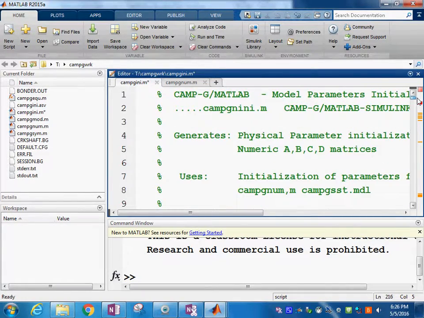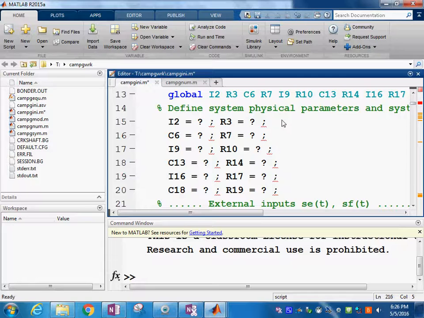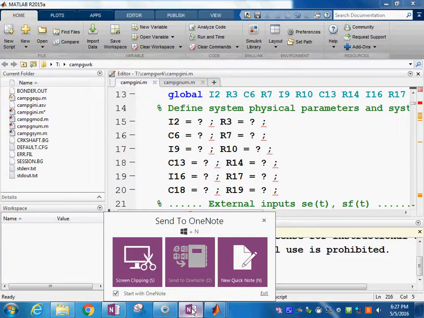go where it says the numbers. You see, now we are going to say where are those values that we had in here.